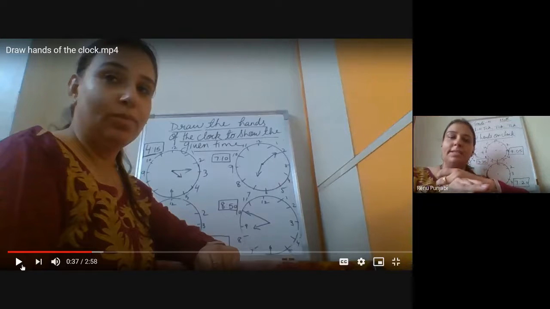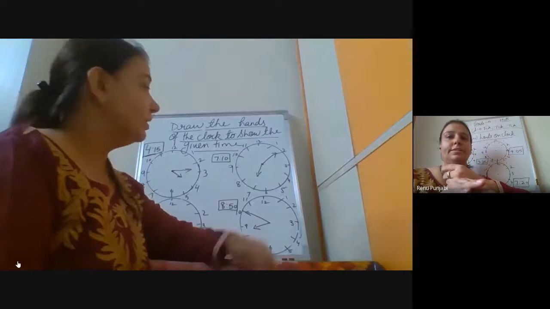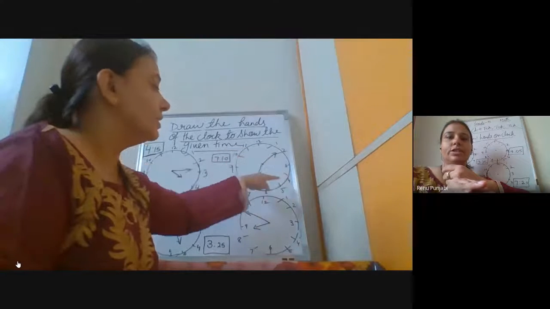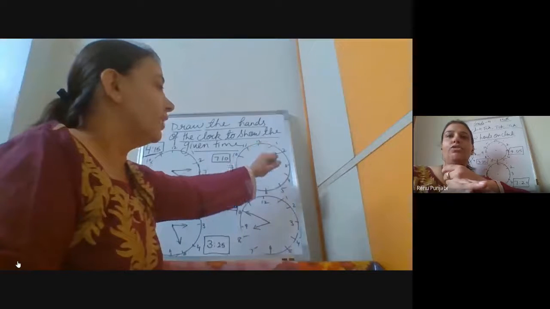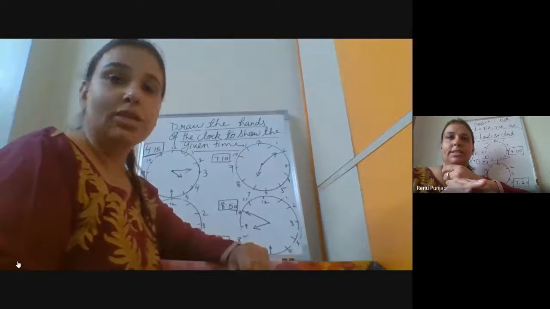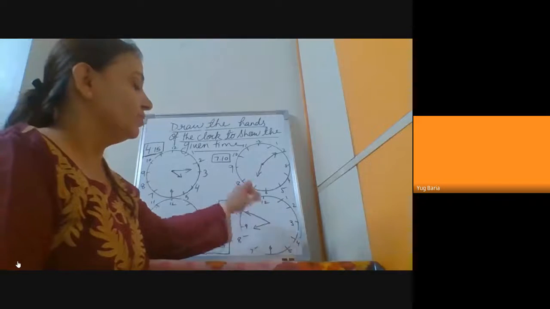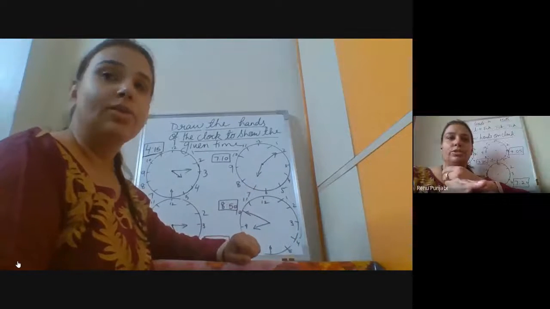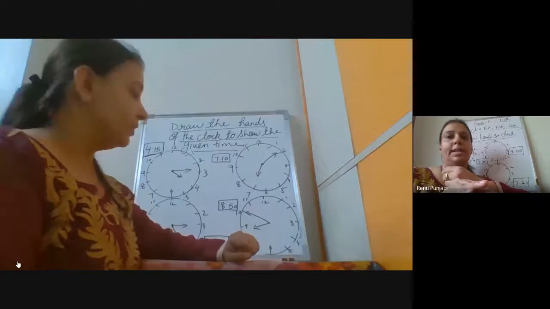In mathematics, you can use many methods to explain your thing. Nishika's method is also correct. So from 12 to 1 is 5 minutes and from 1 to 2 is 10 minutes. So the short hand will be on 7 and the long hand will be on 10.